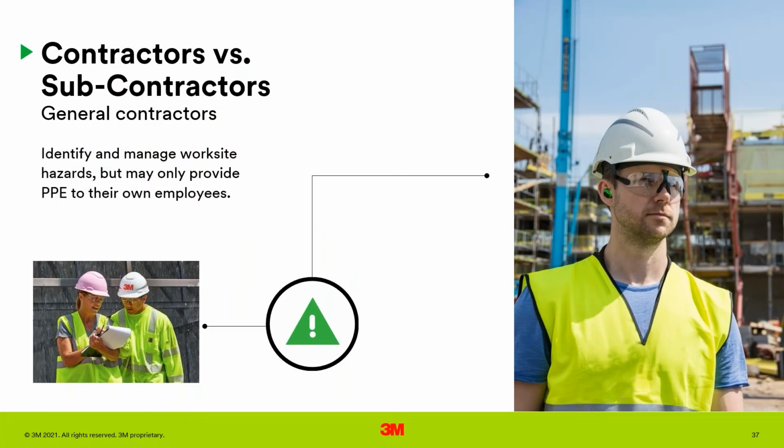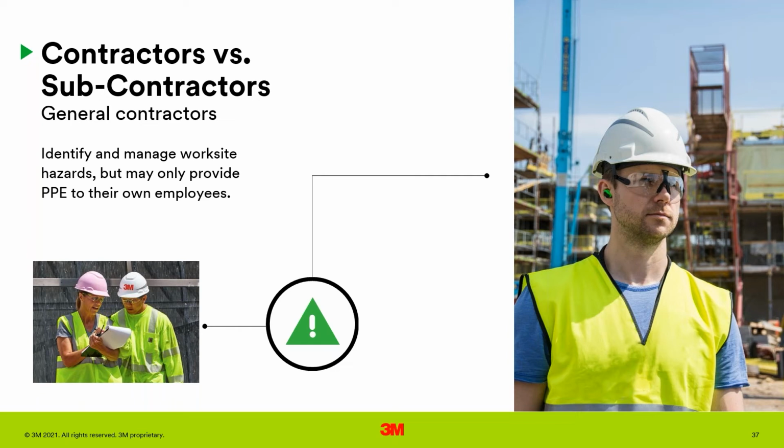So a general contractor, obviously, is identifying and managing worksite hazards, but they may only be providing PPE to their own employees. A general contractor is really responsible for the overall coordination of a project. They're responsible for providing all the material, the labor, equipment, and services necessary for the construction of the project.